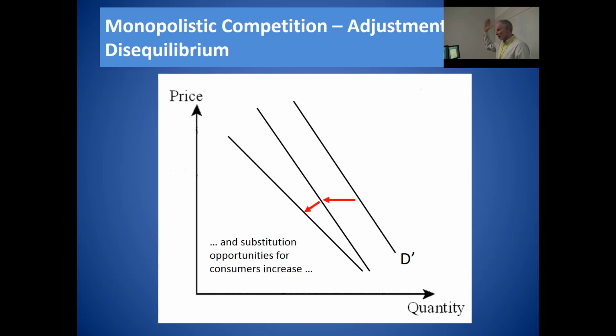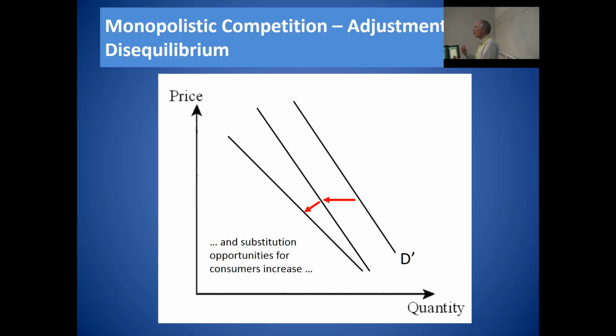Secondly, though, as well as contracting inwards, that demand curve will also become flatter. It's going to become more elastic. And the reason for that is that as more firms enter the market, you have more and more firms producing more and more similar outputs.